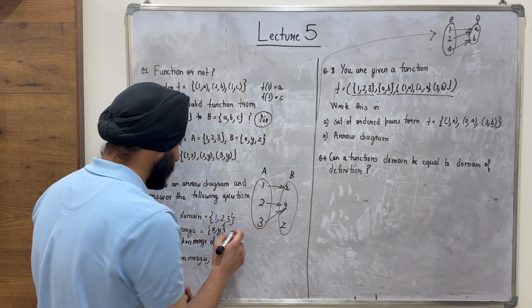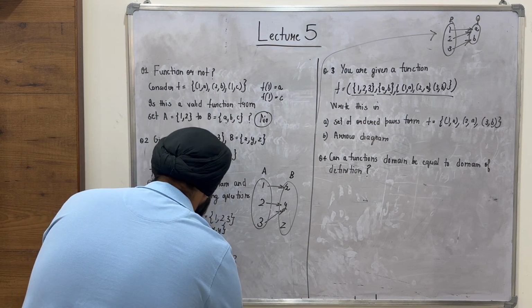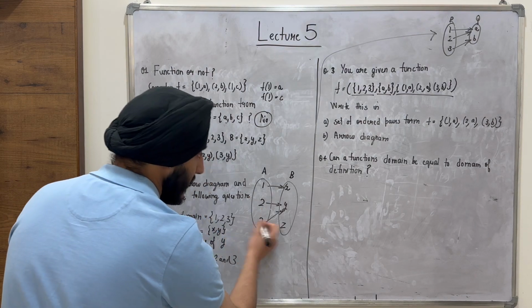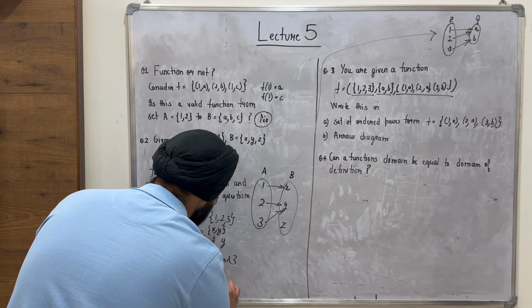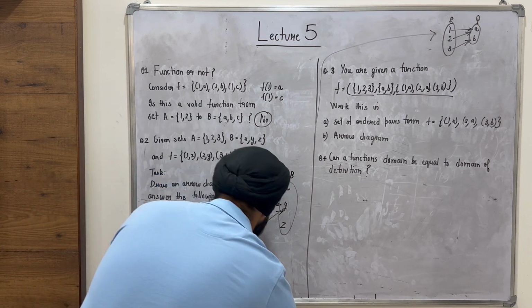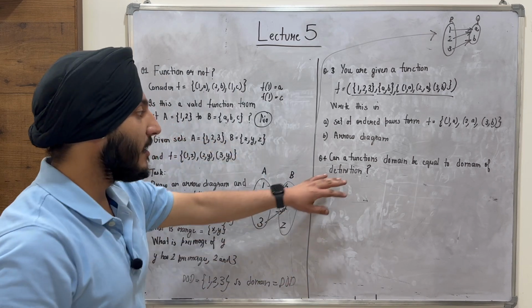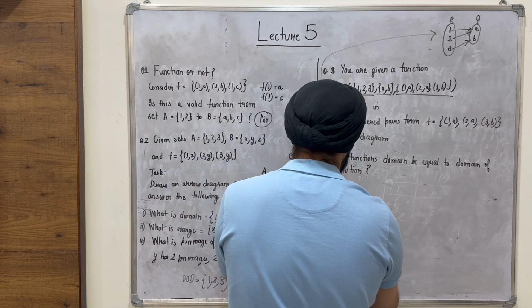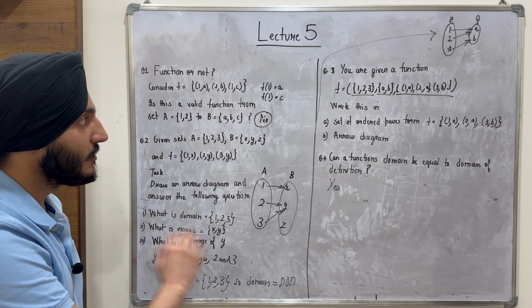So what that means is domain is {1, 2, 3}, and domain of definition for this example over here would also be {1, 2, 3}. So in this example, domain is equal to DOD. So the basic answer to this question would be yes, right?